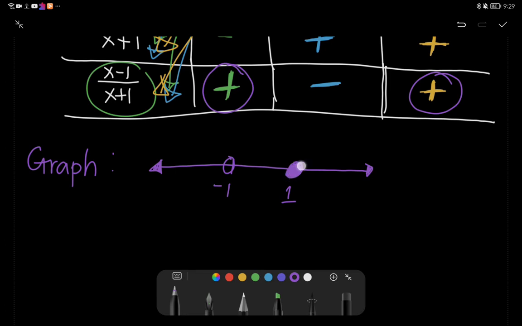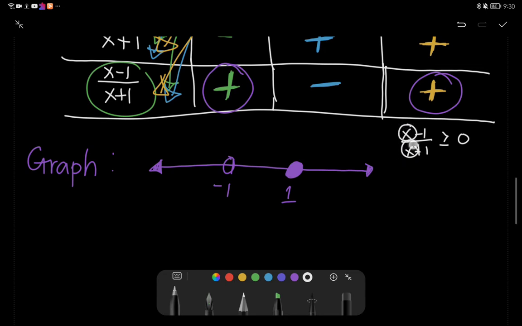Dili ma-undefine ang ato ang inequality kung apilon si +1, kay going back to the inequality, x minus 1 over x plus 1 is greater than or equal to 0.